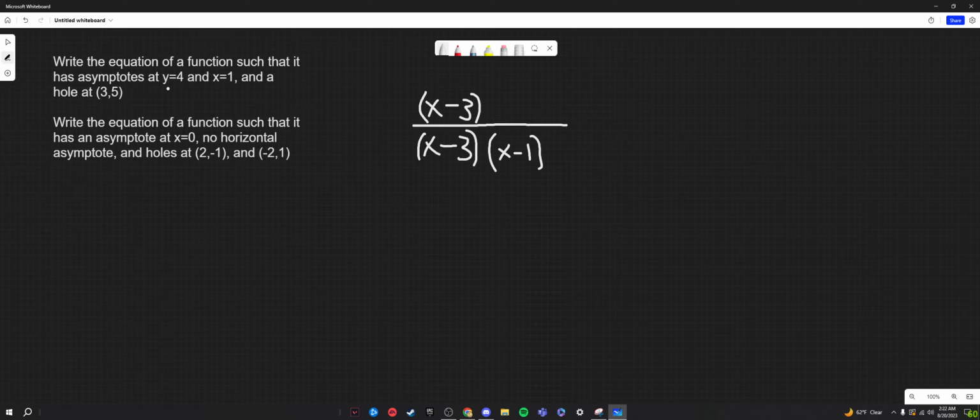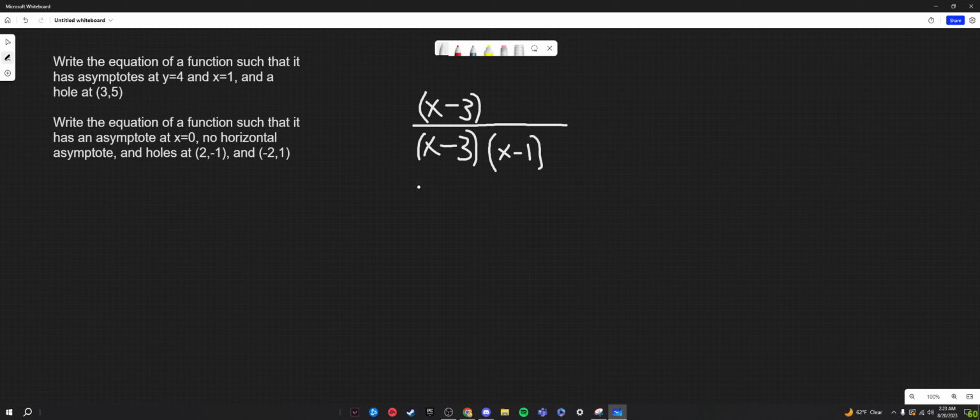Starting with the horizontal asymptote, there's a few ways, and it all depends on the powers, or the degree, of the numerator and the denominator. Right now we have x minus 3 over x minus 3 times x minus 1. So the degree of the numerator is 1, whereas the degree of the denominator is 2.